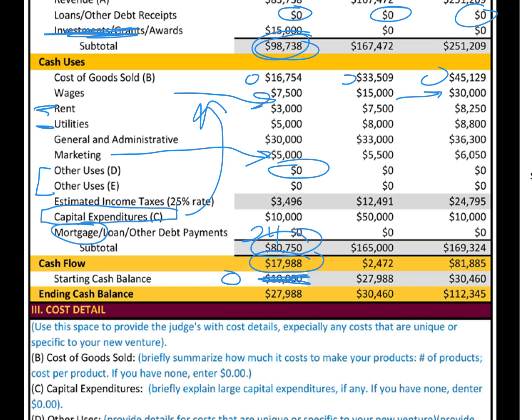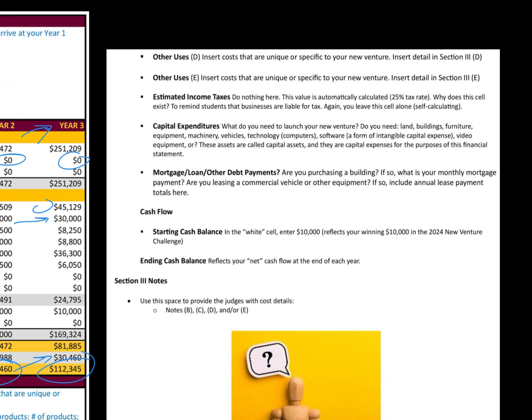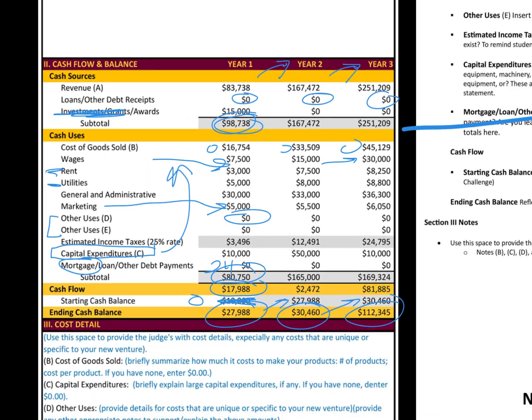The beauty of this is this number, end of the year cash flow, transfers over automatically, and we see this nice growth in cash flow. But again, refer to this guide, it walks you through everything step by step, with a more detailed explanation. So this bottom section here, cash uses, forward.